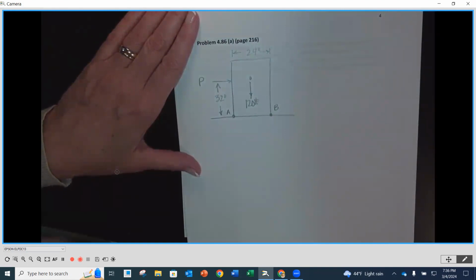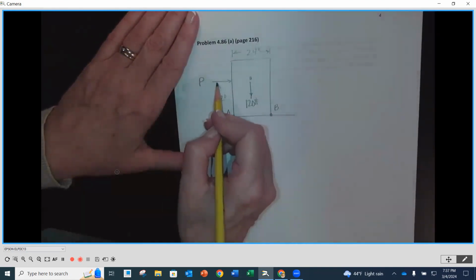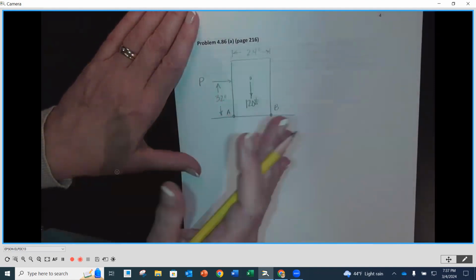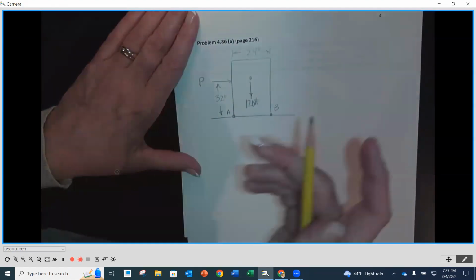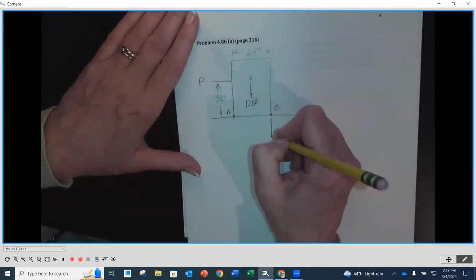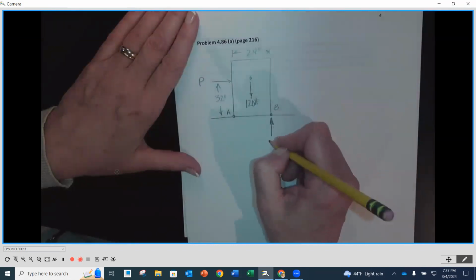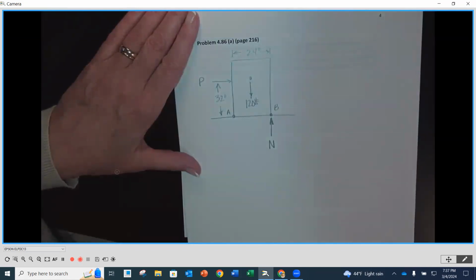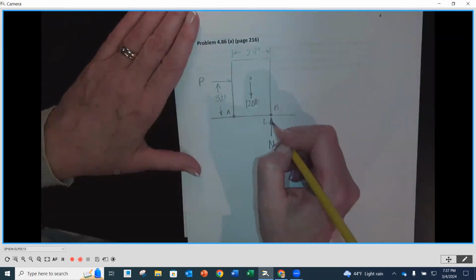Now, as we look here, if we want to know how much we have to push on this before it just starts going, we are going to mimic our normal force. I like putting it at the corner over here. The normal force right there is going to be perpendicular.